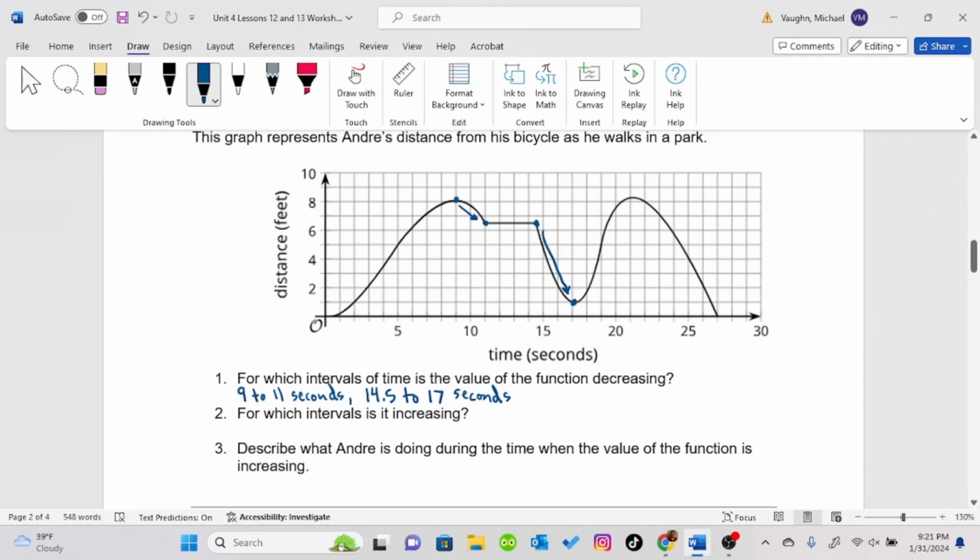And then we can see from about 21 seconds until it hits the bottom down here at 27 seconds. We can see that it decreases down this slope.